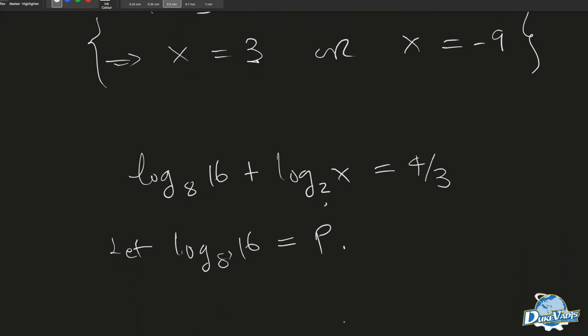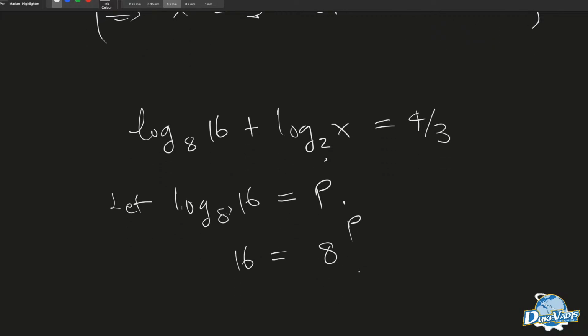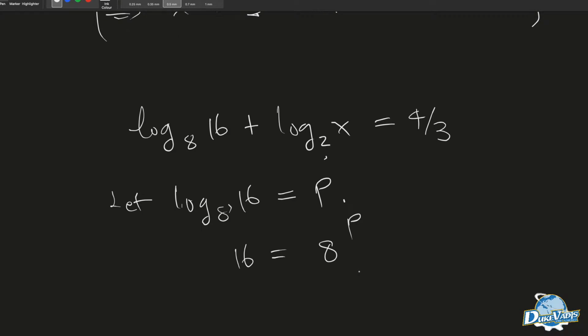If that is the case, then 16 is equal to 8 raised to the power p, as we saw earlier from the principles of logarithm.